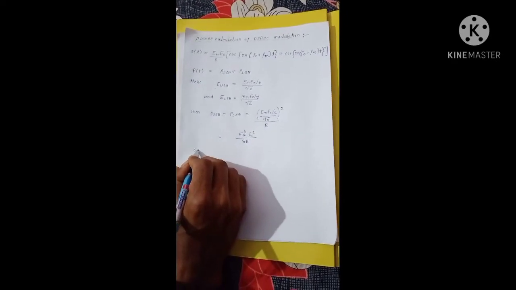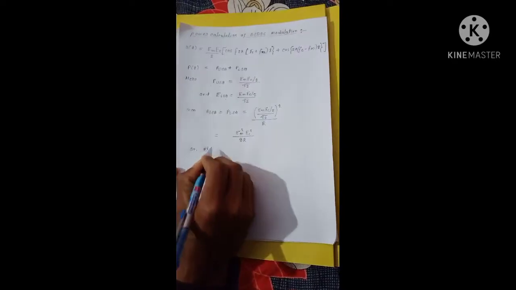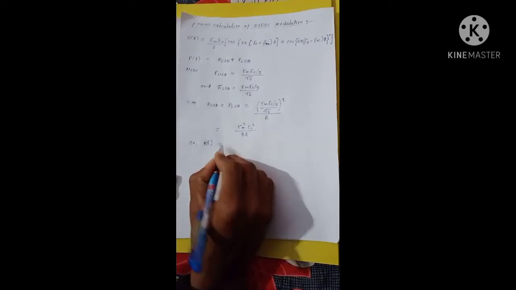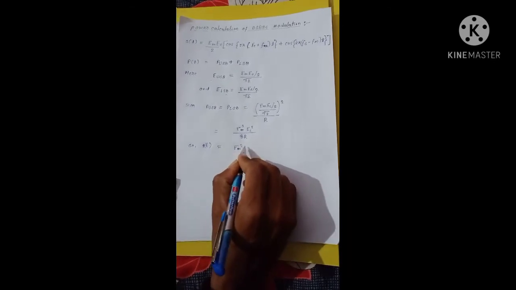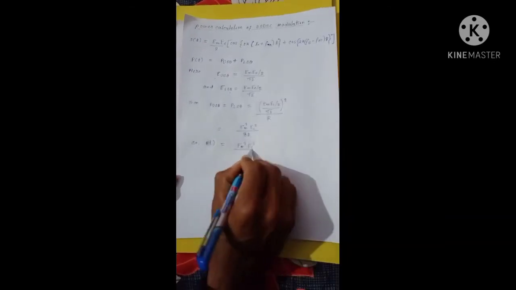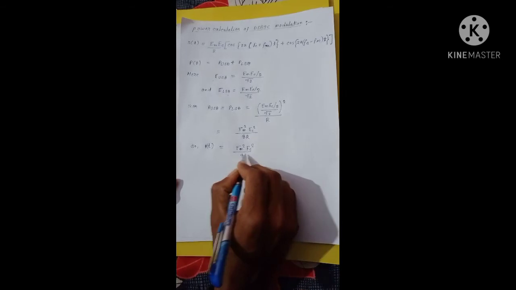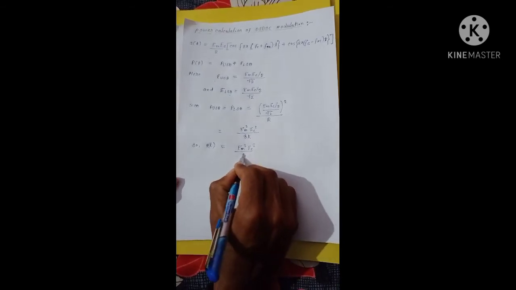So the power of DSBSC wave is equal to EM square EC square upon 4R.